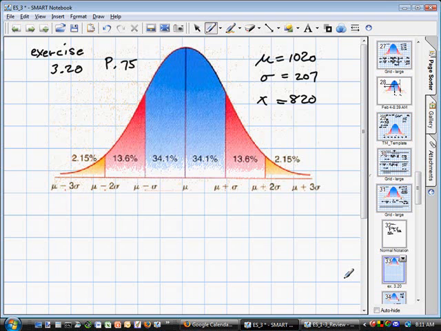Okay, so there's our score. Let's do it. We need to find the z-score. So z equals x minus mu over sigma. In this case, x is 820, mu is 1020, and standard deviation is 207.